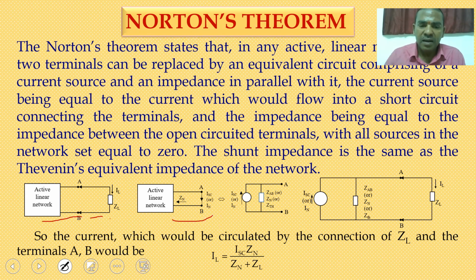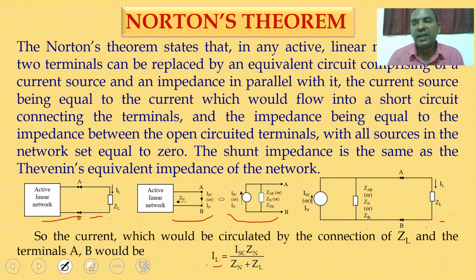And the entire network is replaced with a single current source in parallel with the Thevenin's impedance or Norton's impedance. This is connected to the load. Once you connect the load, by using the current division method, IL is equal to the total current IS times the opposite impedance Zn divided by Zn plus ZL.